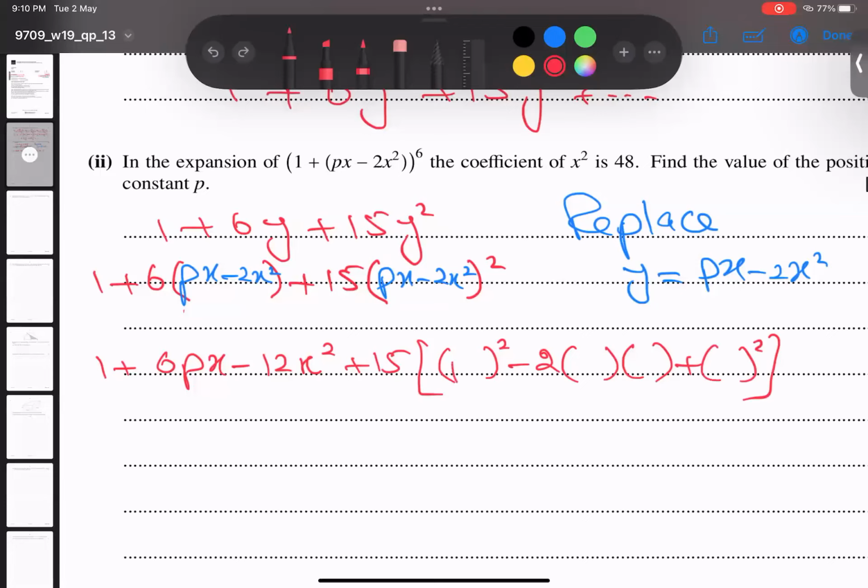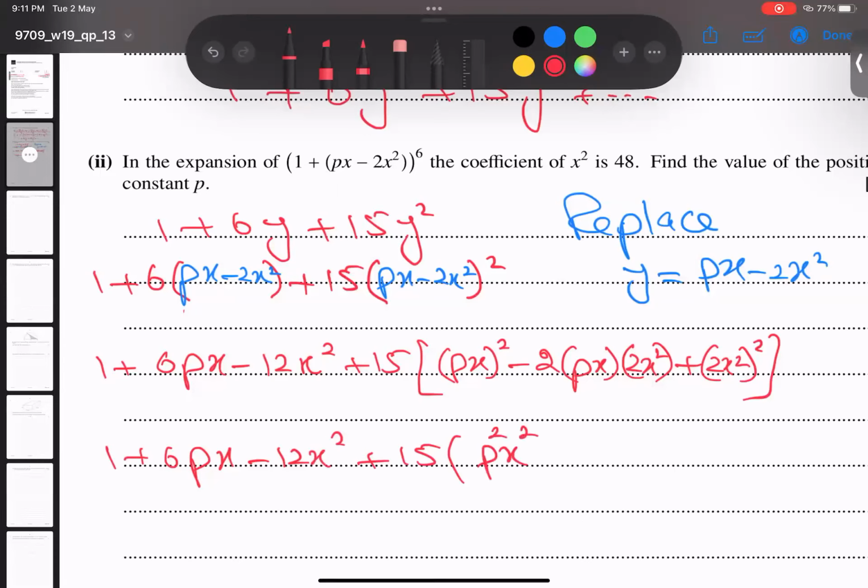So look, I'm writing px and 2x to power 2 and 2x to power 2. Because I wrote this formula of minus, this minus will not go with the values. Make sure: 1 plus 6px minus 12x to power 2, and I will not do it in a hurry.